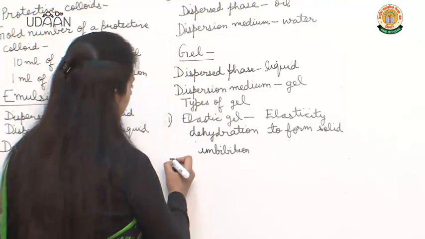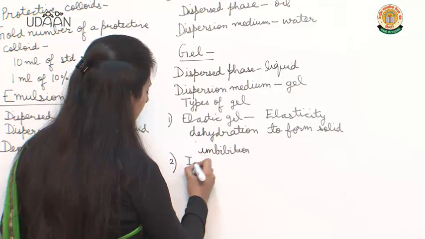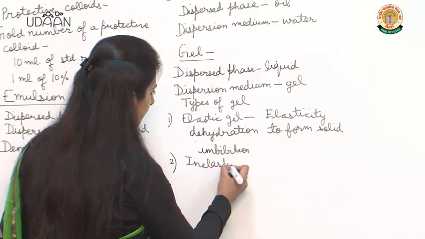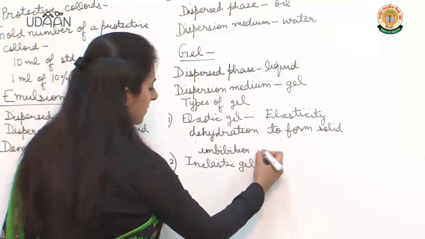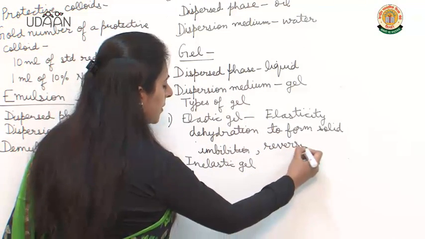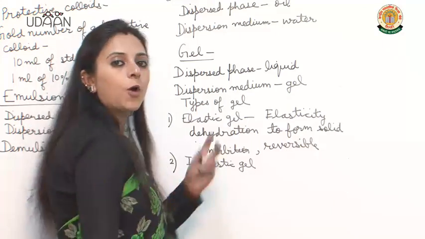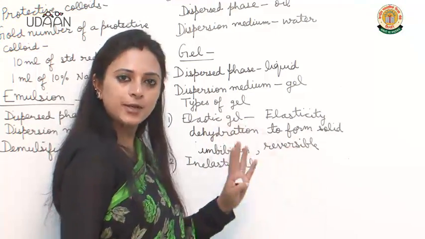Now what is an inelastic gel? Elastic gel is reversible, because when you add water it goes back to how it was.